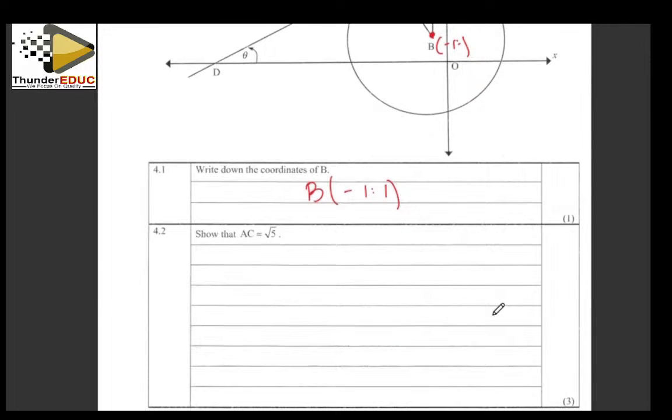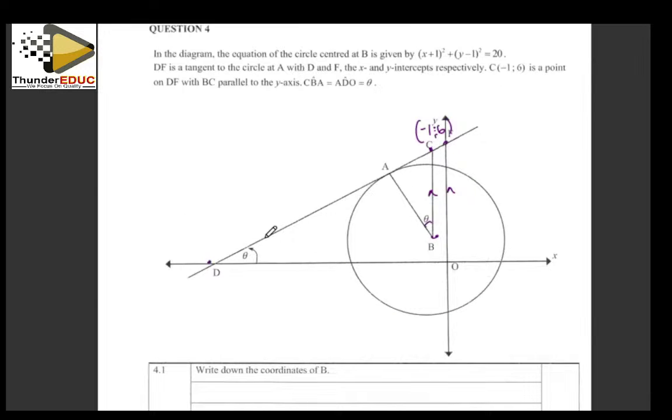4.2, can we show that AC is square root 5? Show that AC, this distance here, is given as the square root of 5. Since we have this 20, it represents our r squared. So the radius itself is going to be the root of 20. I'm not going to simplify it.